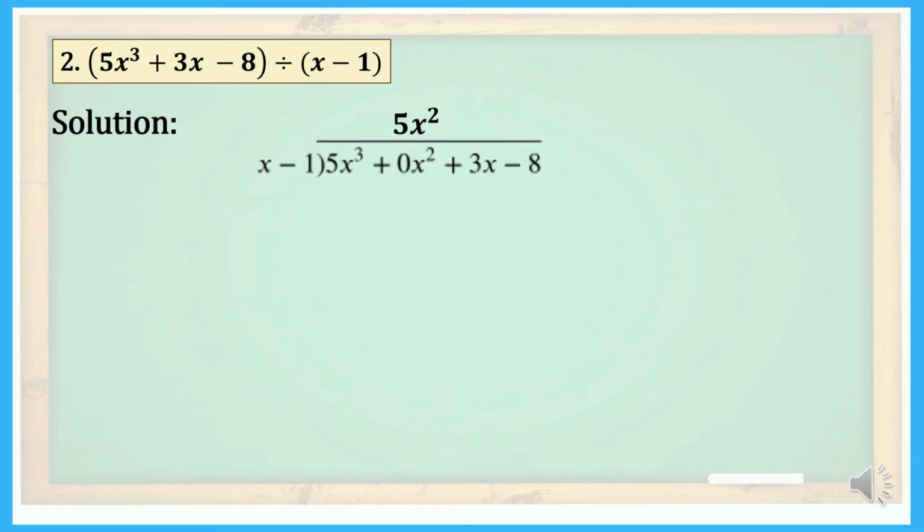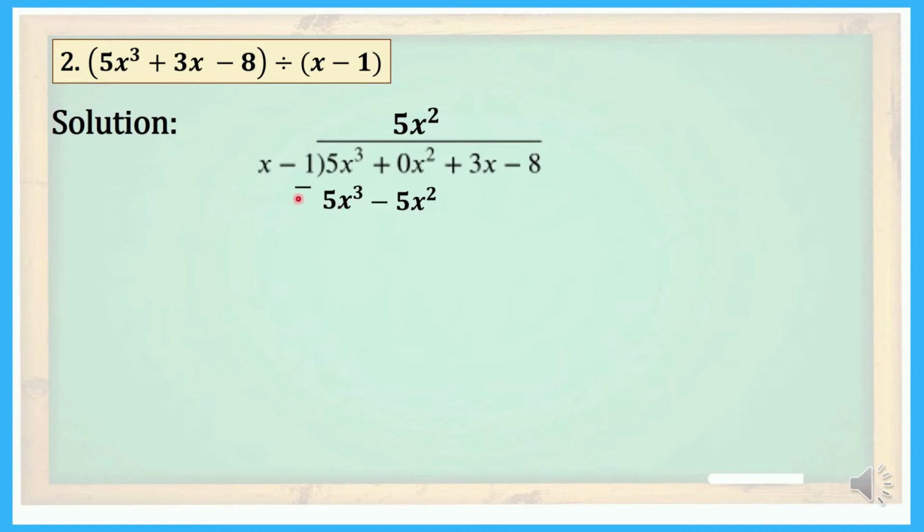Then multiply 5x squared to our divisor. So 5x squared times x is 5x cubed. Then 5x squared times negative 1 is negative 5x squared. Then subtract.